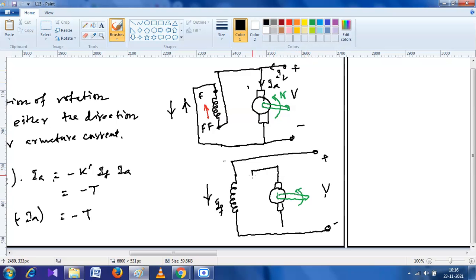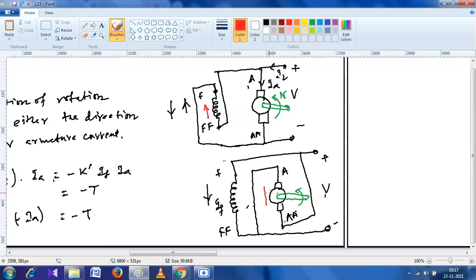So we have to connect like that. This terminal is A and this terminal is A. This is F, this is F. So what is the direction of the armature current now?